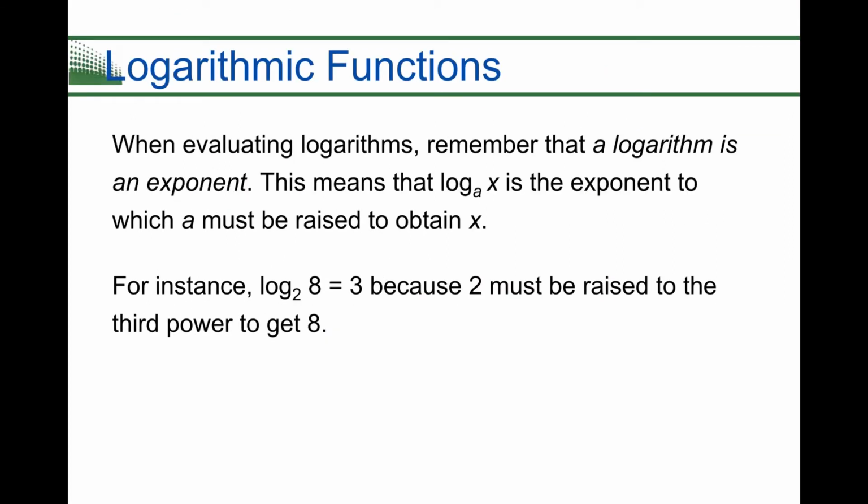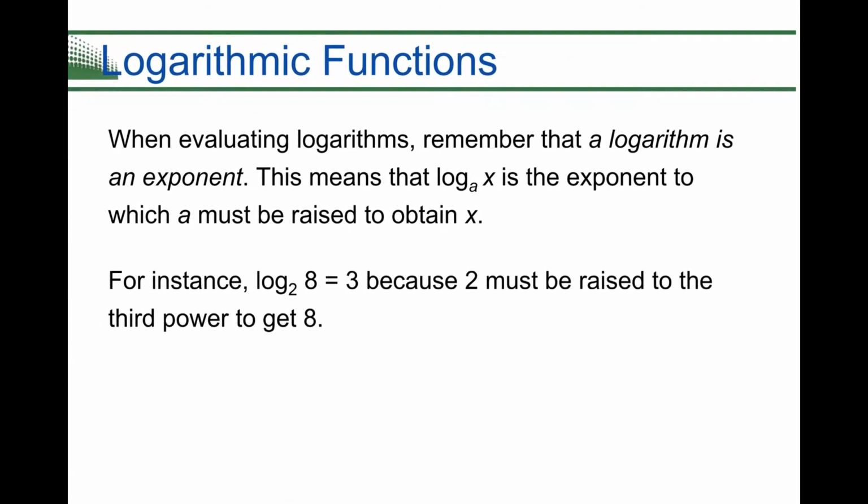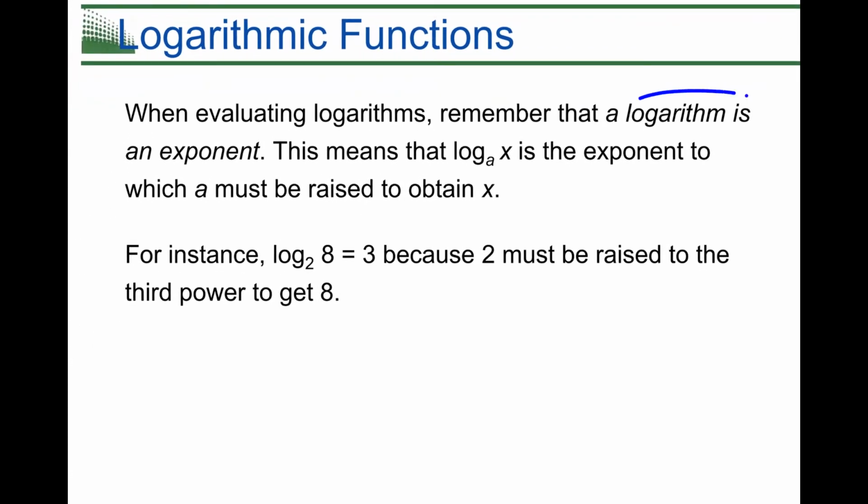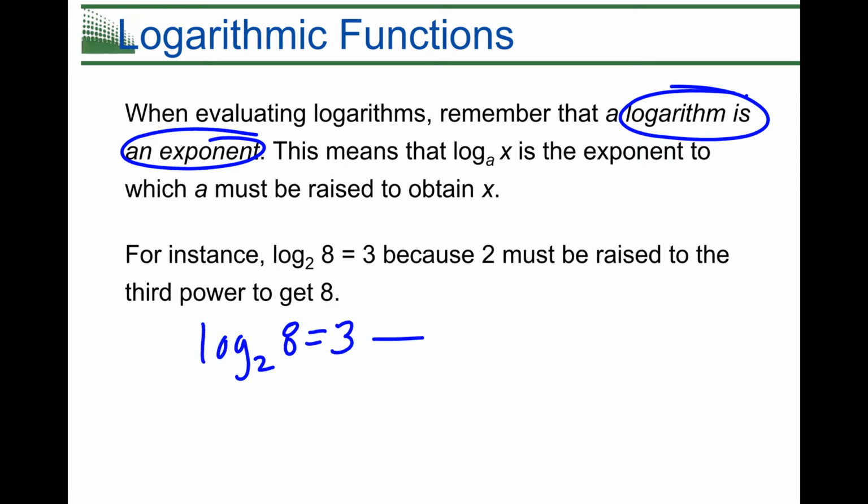So when evaluating logarithms, remember that a logarithm is an exponent. We're going to use that phrase quite a bit. A logarithm is an exponent. This means that log base a of x is the exponent to which a must be raised to attain x. So here's how we can do it. Start with what you're given. Log base 2 of 8 equal to 3. Set up what you want.